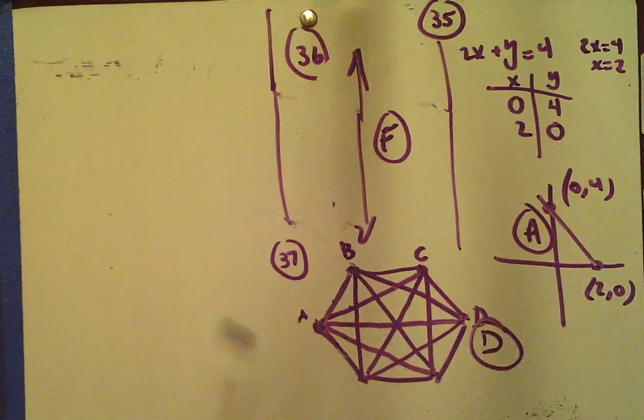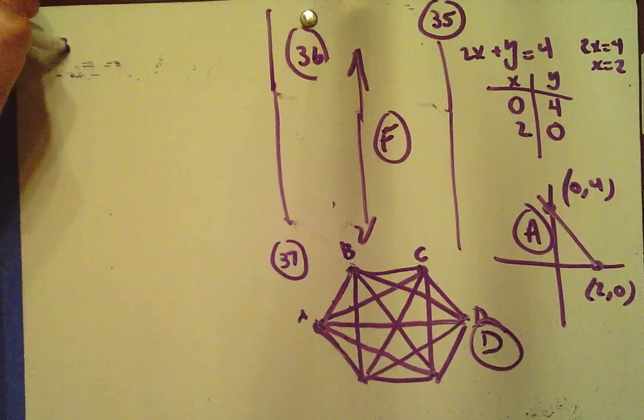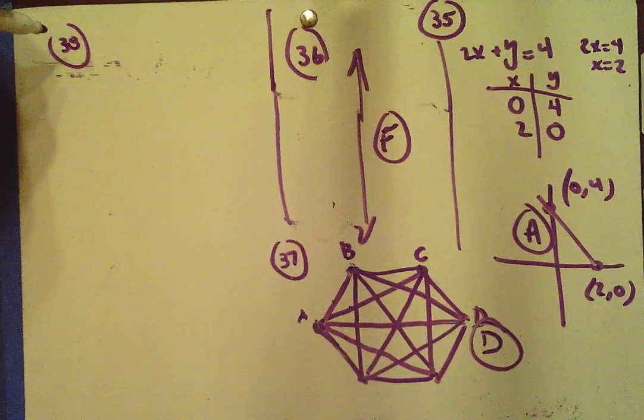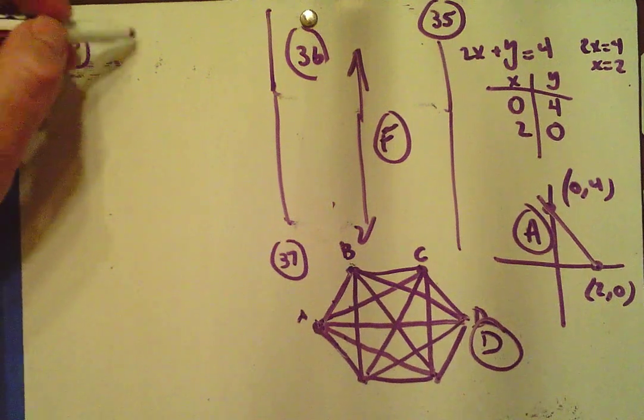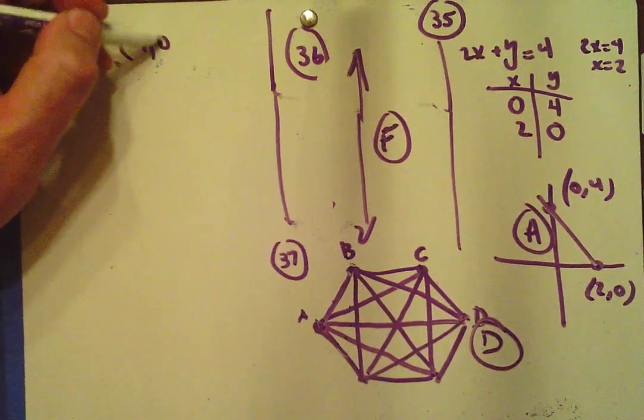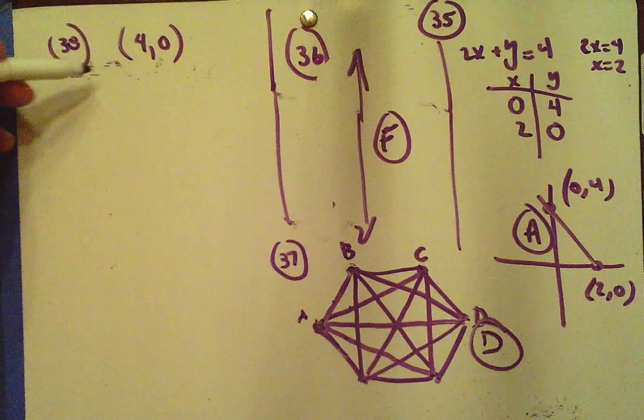Okay, let's flip the page and look at 38. 38 says, in a standard xy coordinate plane, the center of the circle lies at x equals 4. And notice y equals 0. So 4, 0 is where the center lies.